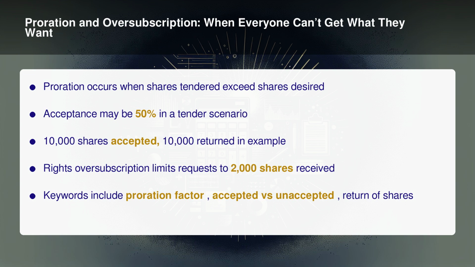You may request 5,000 extra shares, but only receive 2,000 based on allocation. To put this in perspective, you must book pending correctly. Otherwise, you overstate expected cash. Interviewers want the keywords: proration factor, accepted versus unaccepted, return of shares, and final confirmation from agent.